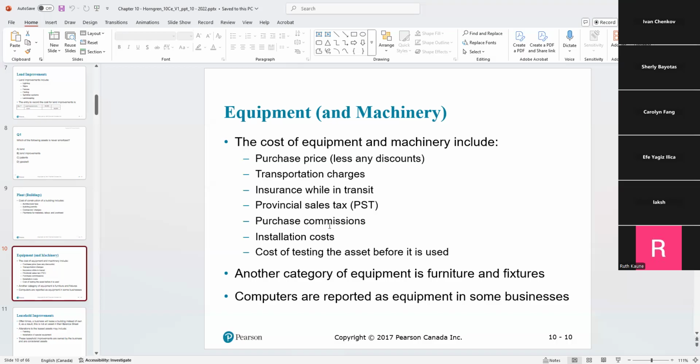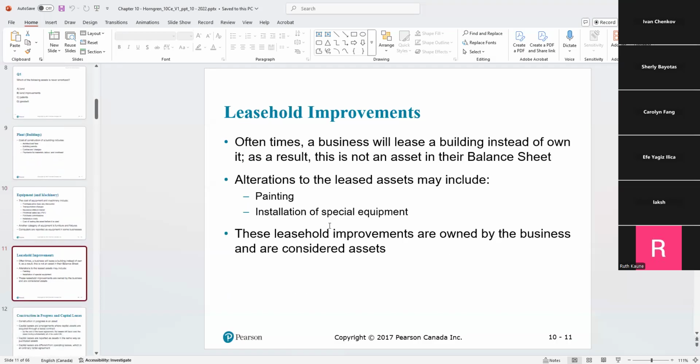Now, another category will be the furniture and fixtures. Computers also will be reported as equipment. So, leasehold improvements. Most of the time, corporations or companies are leasing a property. Now, do you understand the difference between rent and lease?